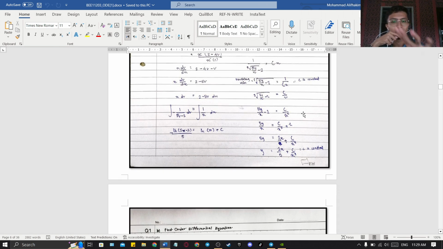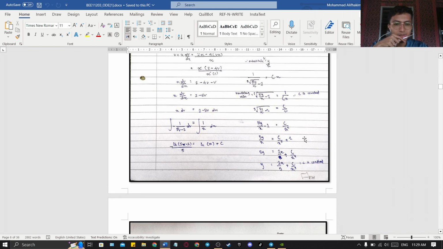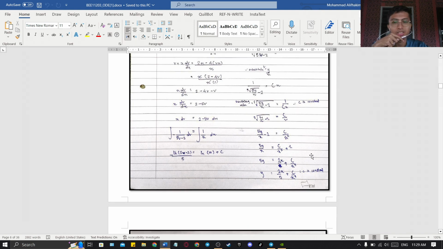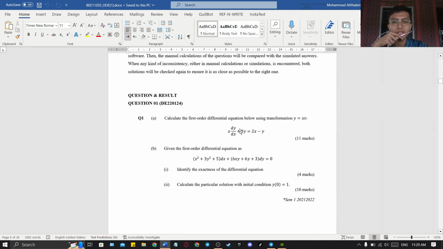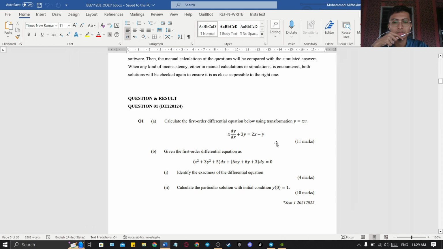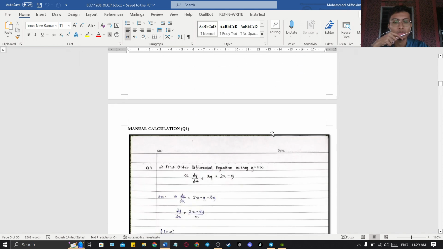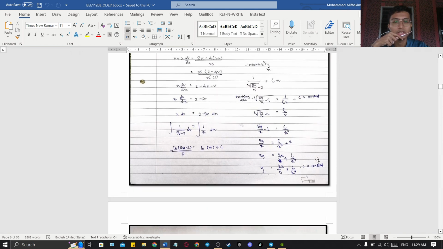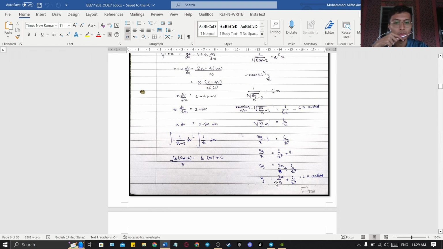Here we get y equals 2x/5 plus c/x to the power of 4, where c remains a constant. Because this question has no condition, this is our final value, the general solution. That's for the manual calculation.